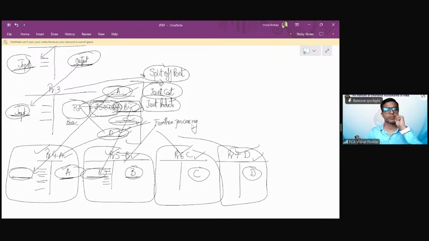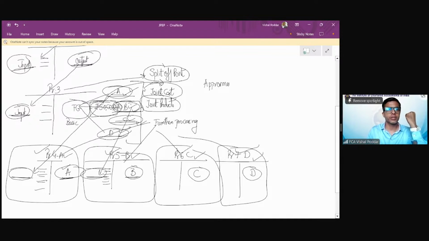Now, instead of studying the subject, let us use our own understanding, our own judgment to find out what this chapter is going to teach. The first thing that this chapter is going to teach you is how to divide this joint cost.